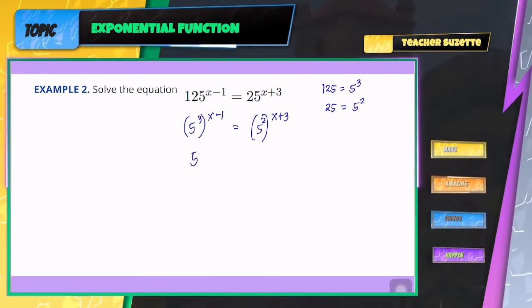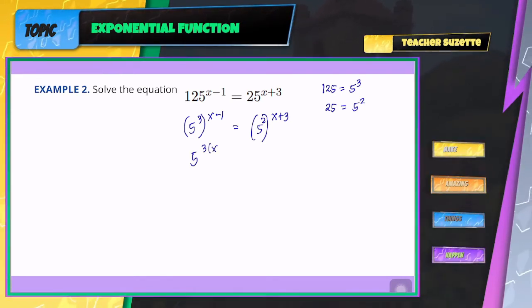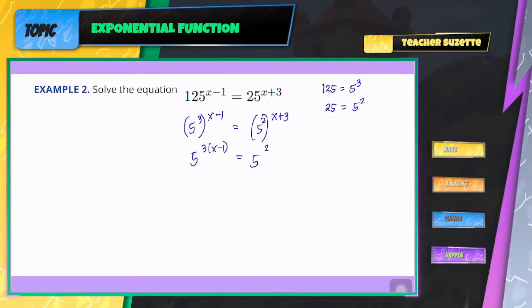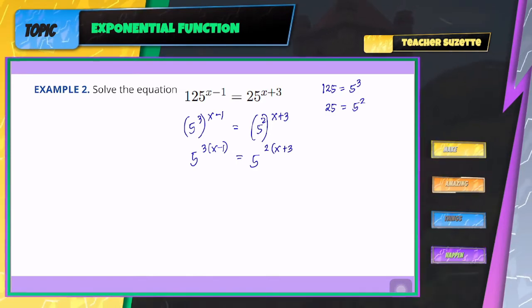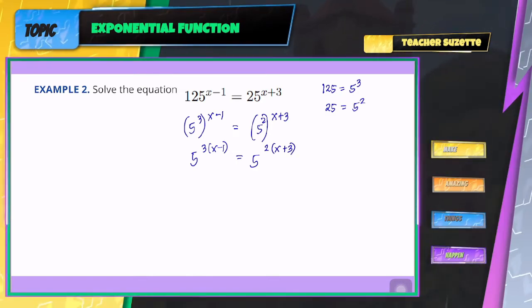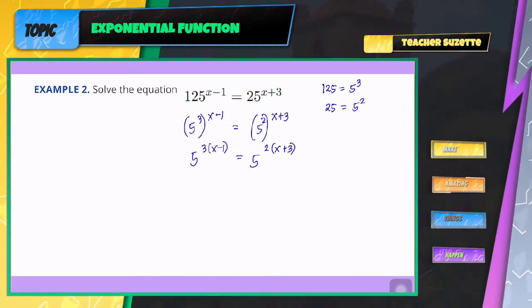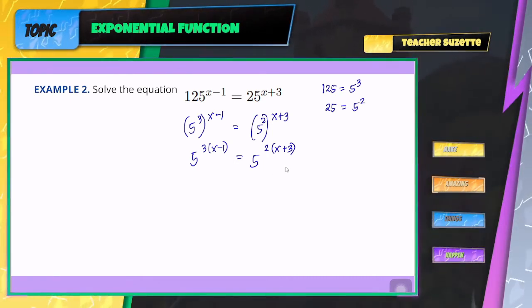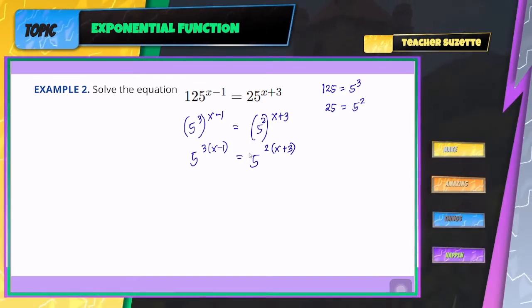So, you will have 5 raised to 3 times x minus 1 equal to 5 raised to 2 times x plus 3. Ayan. So, we have now the same base for both sides of our equation. So, using the one-to-one property of exponential functions, we can now equate the exponents.